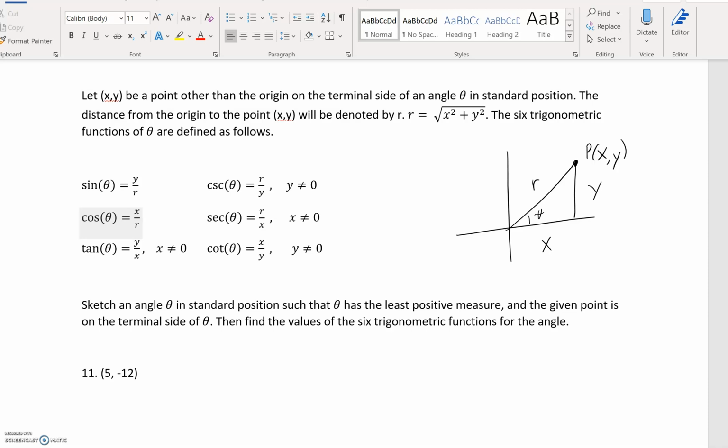Cosine of theta is equal to the x coordinate divided by r. And tangent of theta is defined to be the y coordinate over the x coordinate, provided that x does not equal 0. Your reciprocal functions are defined as the reciprocals of sine, cosine, and tangent, respectively. Cosecant is the reciprocal of sine, secant is the reciprocal of cosine, and cotangent is the reciprocal of tangent.